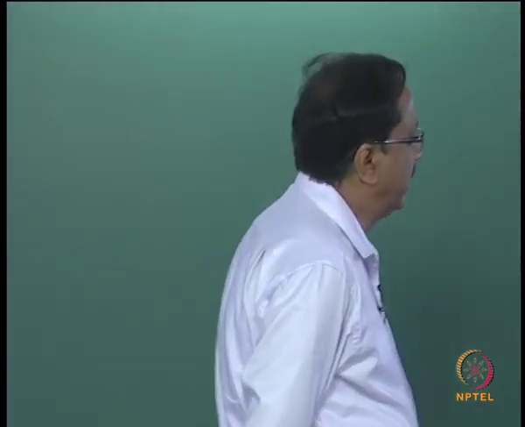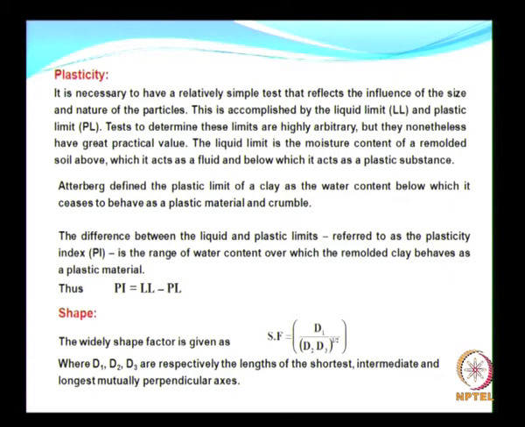So if you want to find out the influence of size and nature of particles, this can be accomplished by determining the liquid limit, which is given as LL here, and the plastic limit of a given soil sample. So what exactly is the liquid limit?